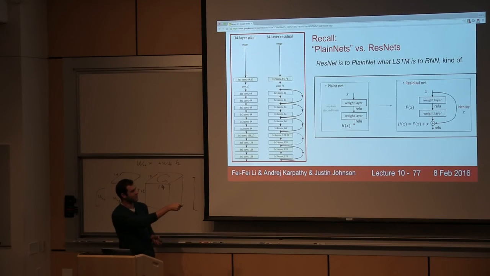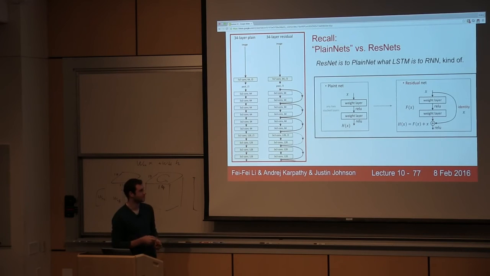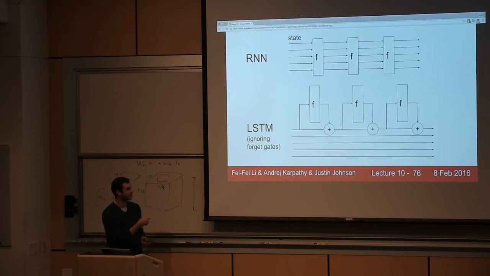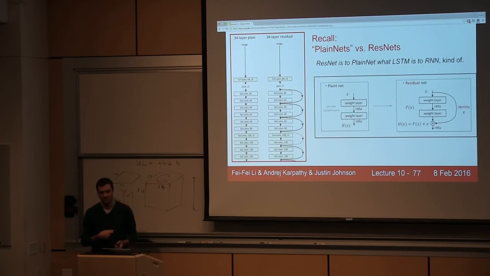Now we do some computation based on X, and then we have an additive interaction with X. And that's the basic block of a ResNet. And that's in fact what happens with an LSTM as well. We have these additive interactions where here the X is basically your cell. And we go off, we do some function, and then we choose to add to this cell state. But the LSTMs, unlike ResNets, also have these forget gates that we're adding. And these forget gates can choose to shut off some parts of the signal as well. But otherwise, it looks very much like a ResNet.